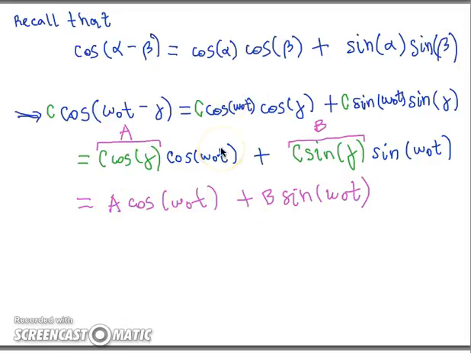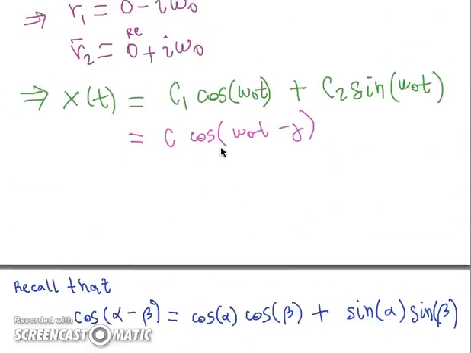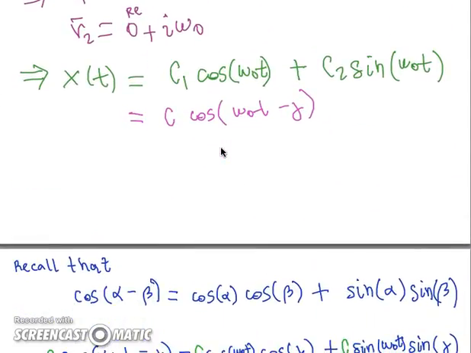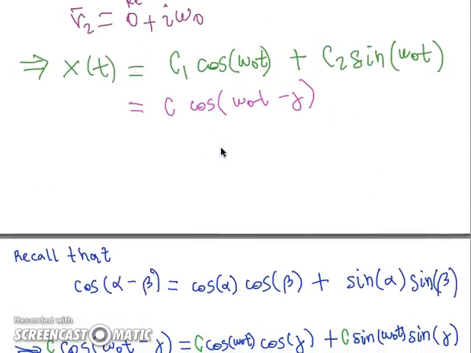They're going to be related to the c1 and c2 that we had there, right? So let's think of c1 as being a, and let's think of c2 as being b. And then if we express the solution x of t as a constant times cosine, the only thing that's changing here with t is this product, omega 0 times t.